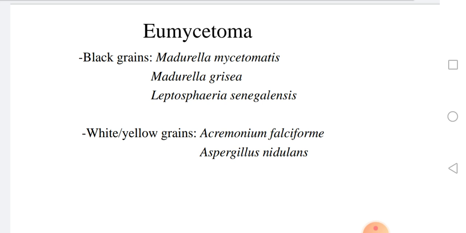The list is not exhaustive. Madurella mycetomatis, Madurella grisea, Leptosphaeria senegalensis, and the list is long as I have just mentioned. And also fungi can cause white or yellow grains. Example, Acremonium falciforme and Aspergillus nidulans.